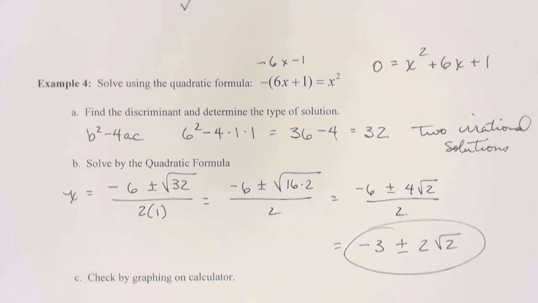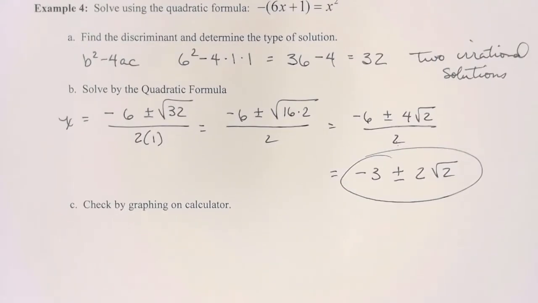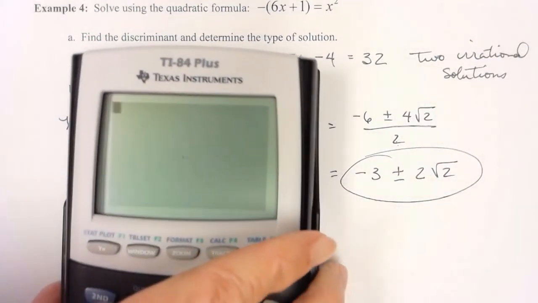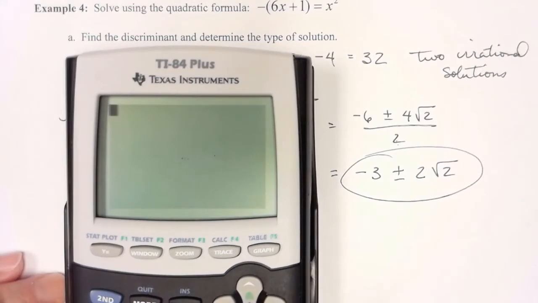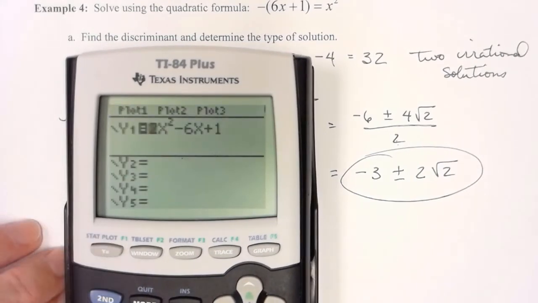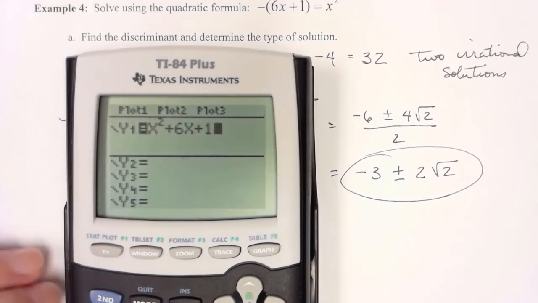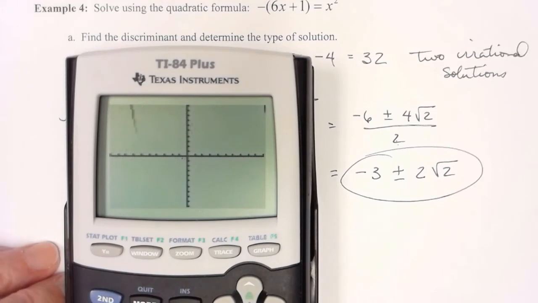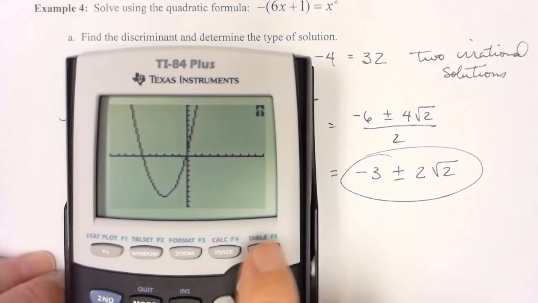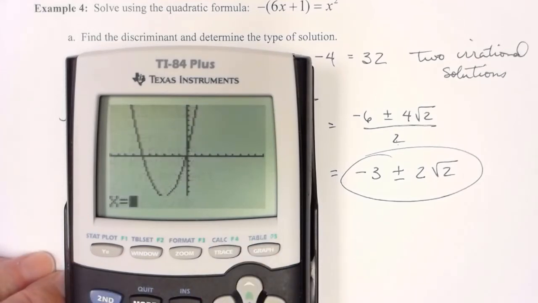Now that's exact. Now checking it on the graphing calculator, I'm going to do it a different way again. But you've seen it. So let me put in x squared plus 6x plus 1. And I'll ask it to graph. Now what I'm going to do this time is I'm going to go to second trace for the calc menu, value, and I'm going to type this in.